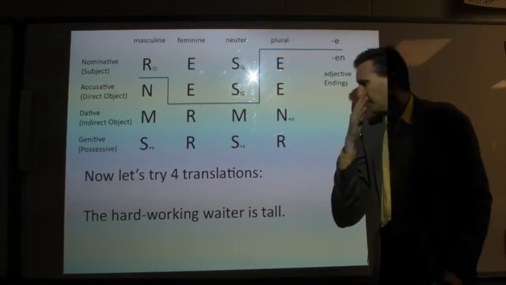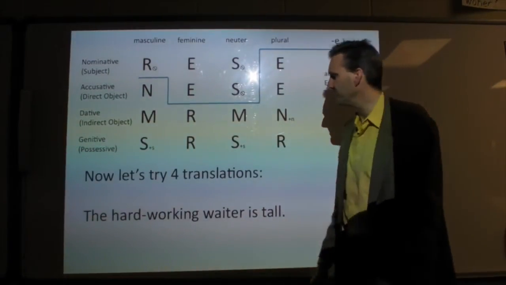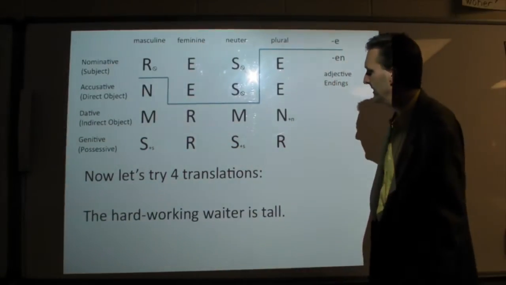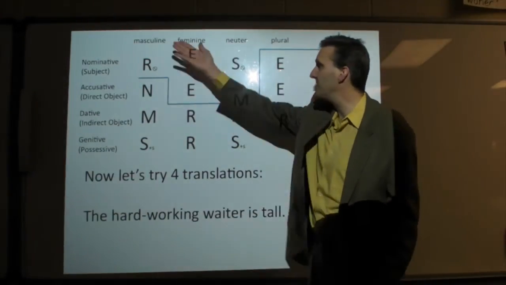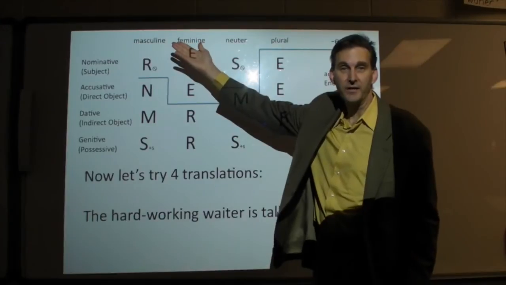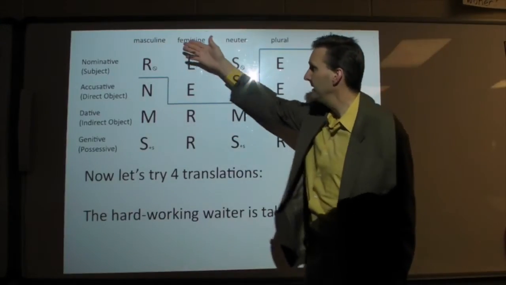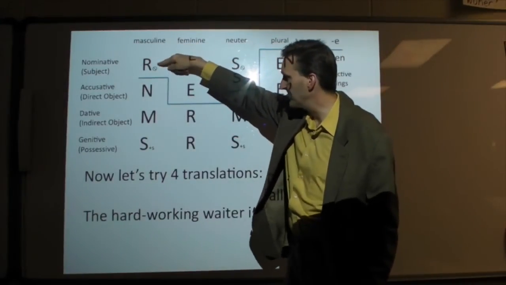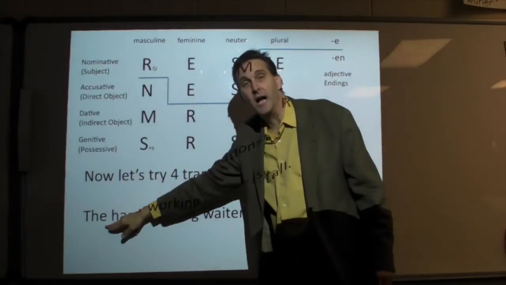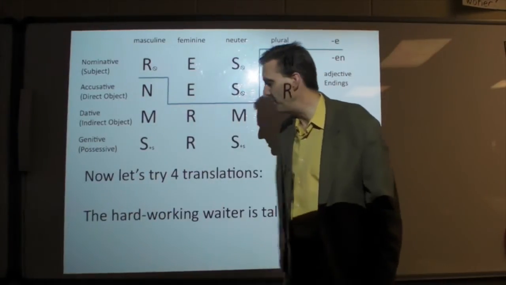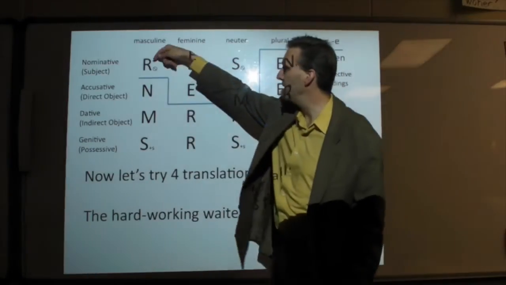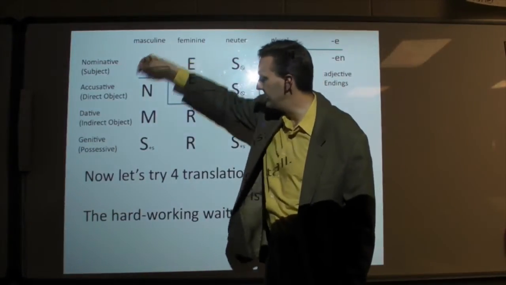Wow. The hard-working waiter is tall. Another stupid one. Let's get that going. Waiter's the subject. That's the male waiter. I mean, it's not a waitress. So waiter is masculine. He's the subject. Orphan sign, does the orphan its endings? No, the does not orphan its endings. So we keep the R. So we need der.